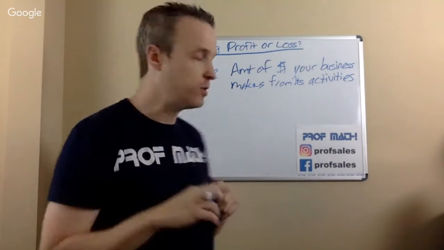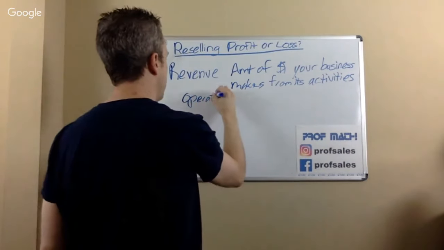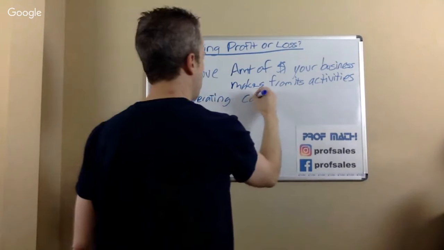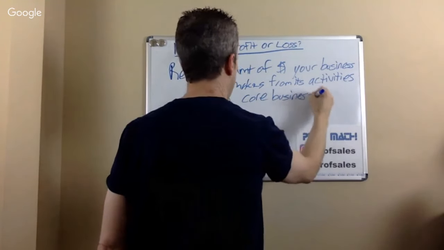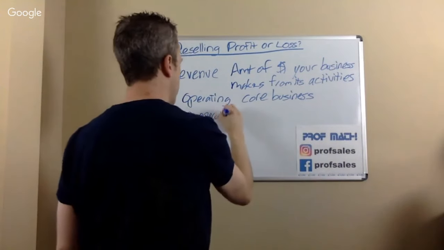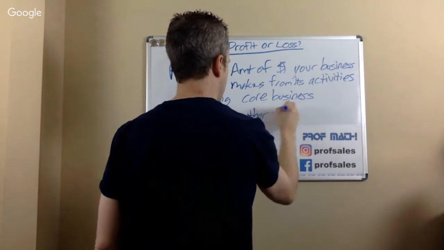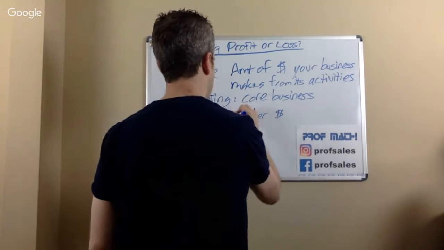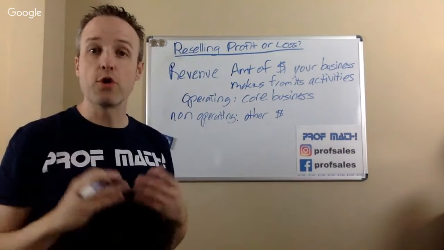So let's talk about two types of it. There's operating and non-operating. So the operating revenue is just money that you would make from your core business.